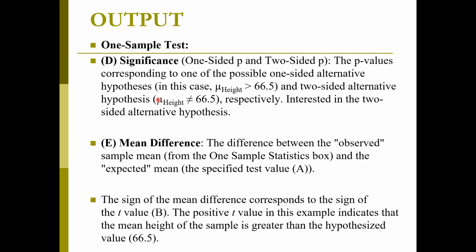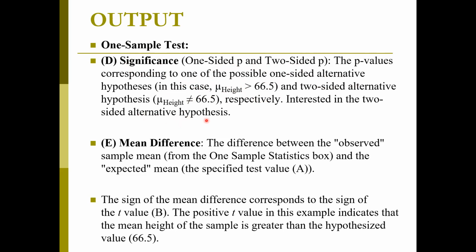Then we have the significance. The significance gives us a one-sided P and a two-sided P. The p-value corresponds to one of the possible one-sided alternatives. Remember, our hypothesized value is already given. The two-sided alternative says it is not equal, respectively. But most especially, the interest is in the two-sided alternative hypothesis.